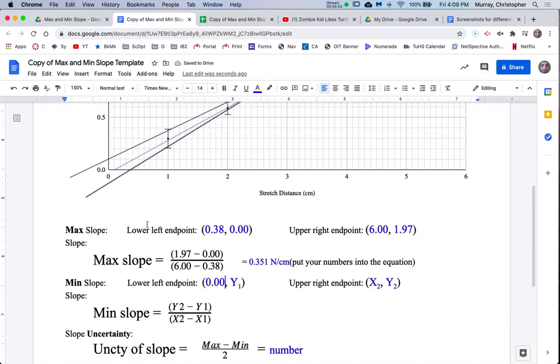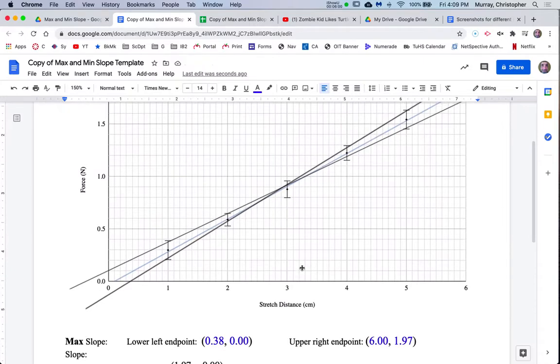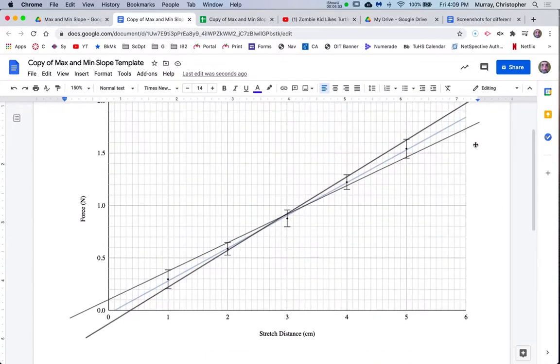And then the y is a little bit tricky, but not really, because it goes right through 0.10. Okay, so let's look at the upper right endpoint of that line. Now notice it's got to be the least steep line, so don't mix them up.